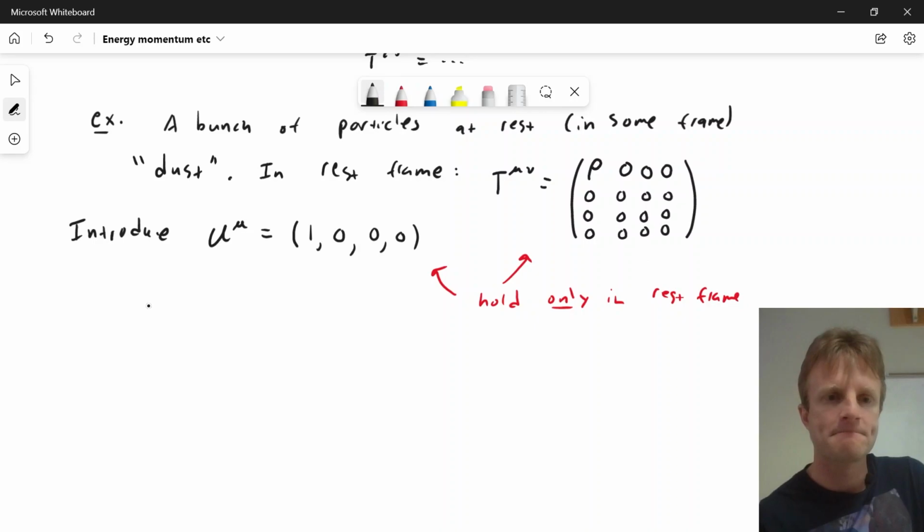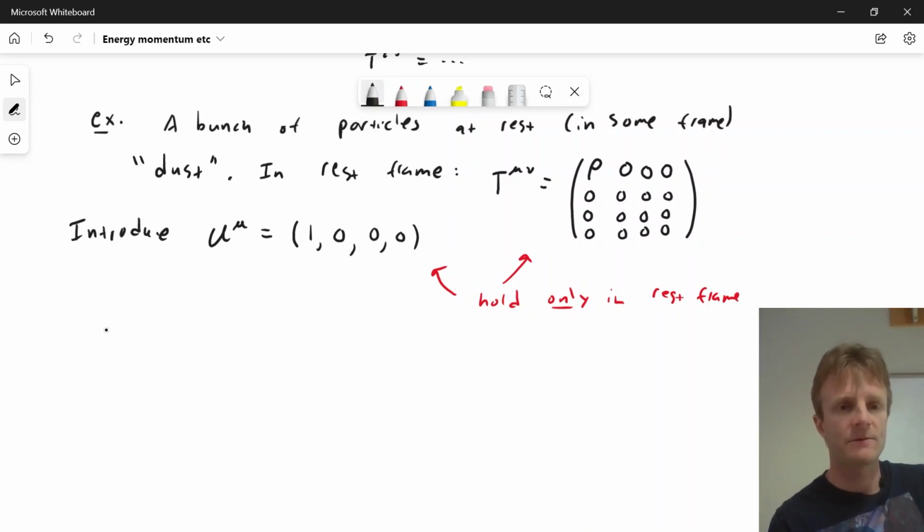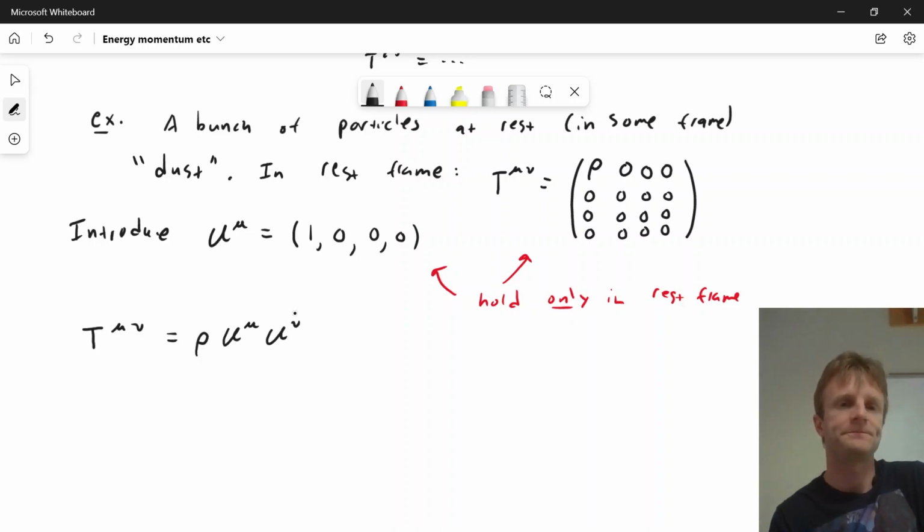But notice we could instead write T mu nu equals rho u mu u nu. So let's check that. T00 is rho times u0 times u0, but u0 is 1.